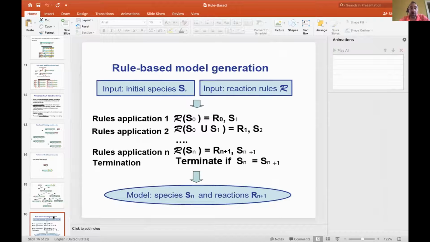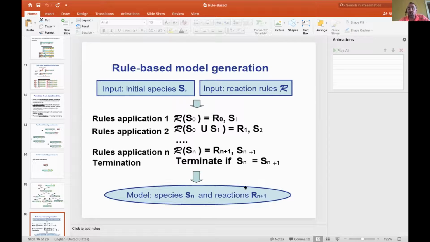So we so far covered BioNetGen, rule-based model generation. We have initial species, in this case it was ligand and two isoforms of a receptor, and we have a set of reaction rules, which was just ligand binding, two dimerizations, and phosphorylation. Then we went through iteration 1, iteration 2, every time these possible reaction rules applied to the species, and we got more and more species and reactions.